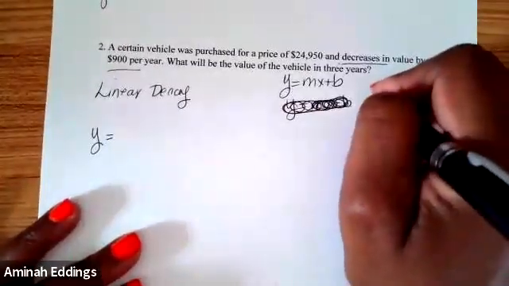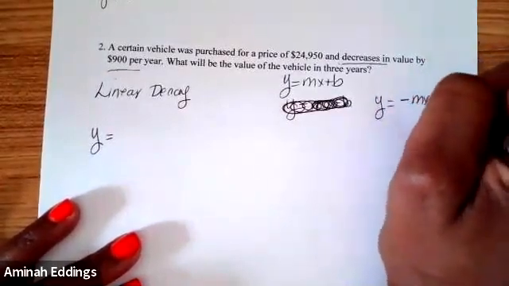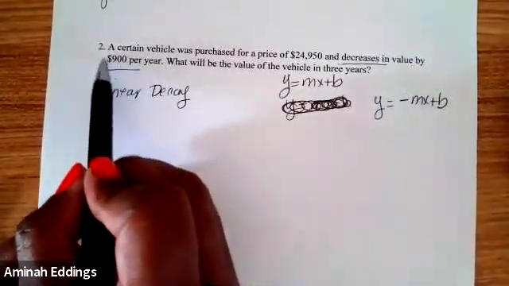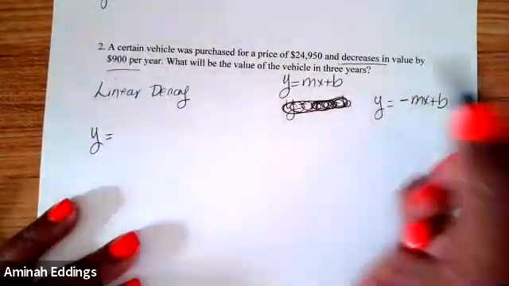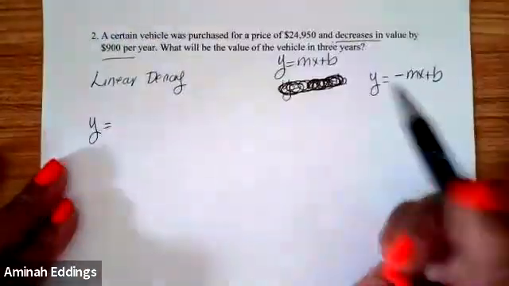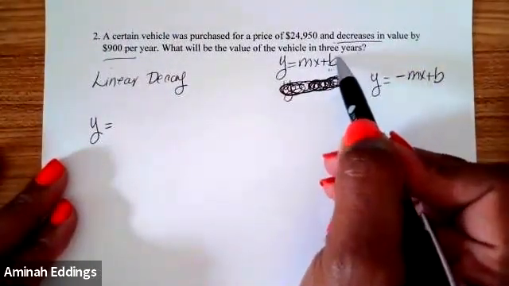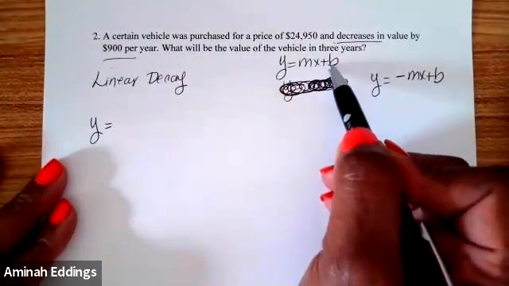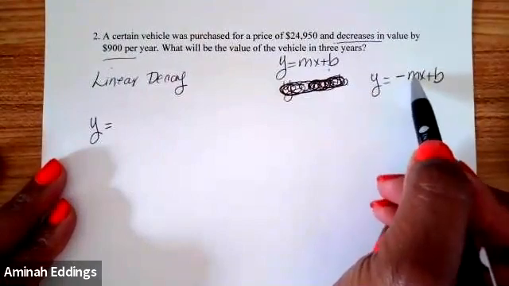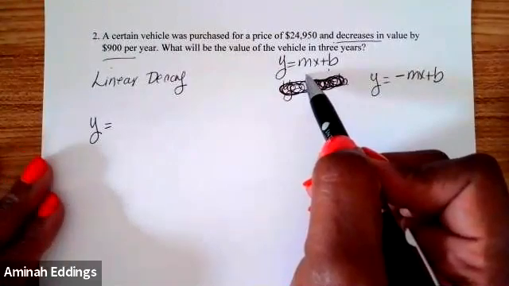This should be y is equal to negative mx plus b, because it is a decrease in the absolute amount, okay? I was incorrect here because this is my initial amount. So the initial amount should not be changing. Because it's a decrease, my slope or my rate of change will be negative as opposed to positive, okay?